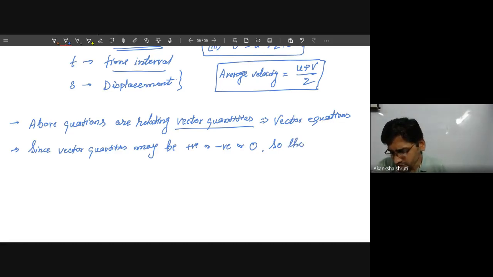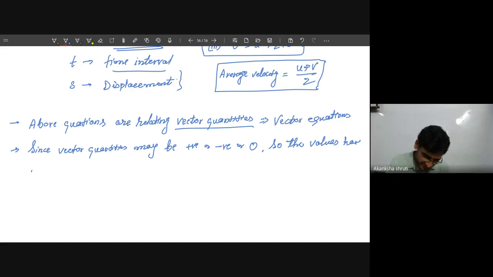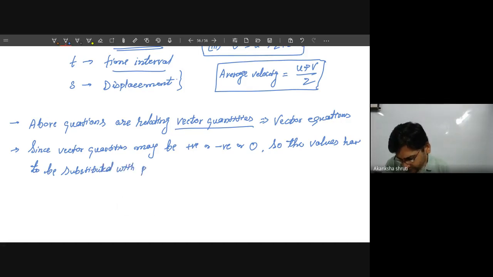So the values have to be substituted with proper sign.